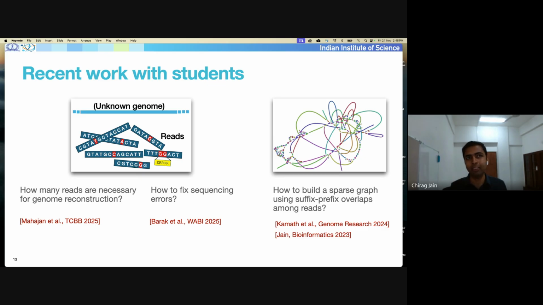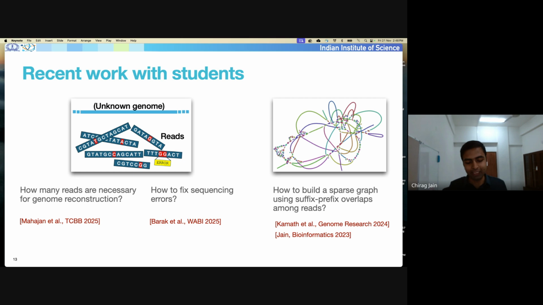There have been many attempts made. For example, the first attempt to formulate the genome assembly problem was called the shortest common superstring problem. You are given a set of strings and you want to find the shortest superstring such that every input string is a substring of that superstring.